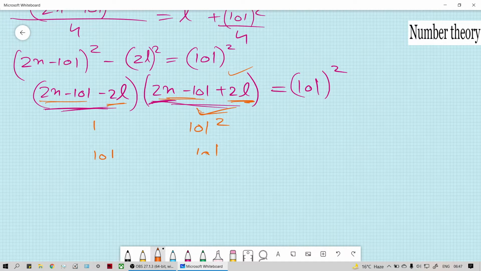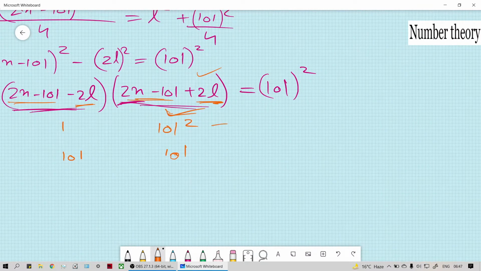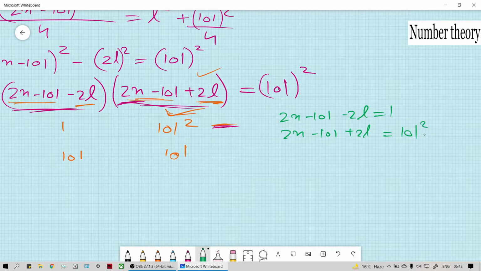Okay, so first let's deal with this one. It says 2n minus 101 minus 2L is 1, and 2n minus 101 plus 2L is this.